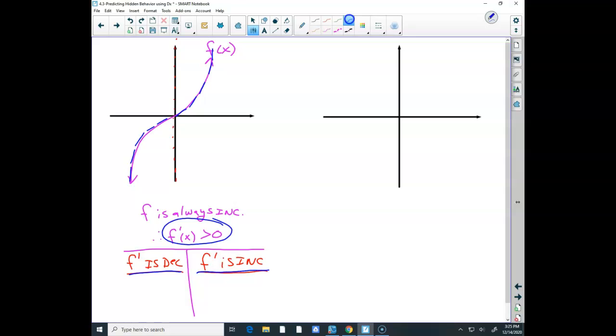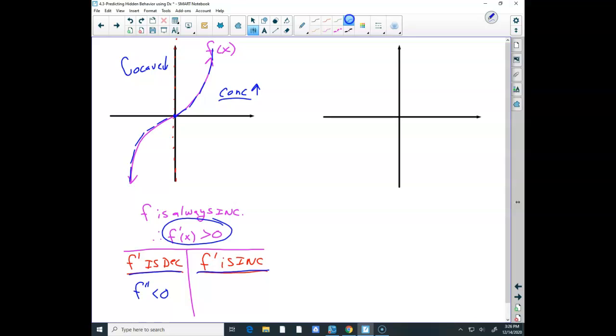So what does that mean? Well, I can kind of see over here to the left of this, how do I want to say this? This side's concave down, and this side is concave up, right? So when f prime is actually decreasing, okay, f double prime is going to be less than 0 or concave down.